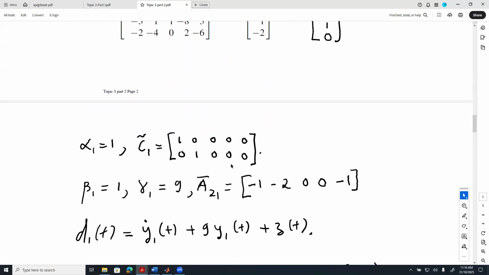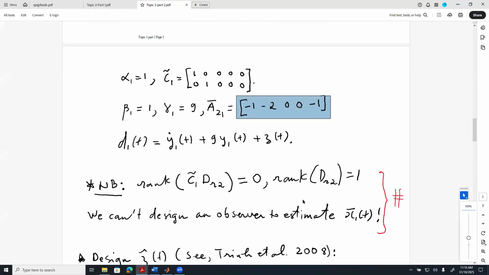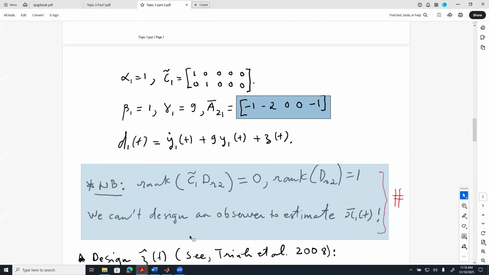And the matrix A bar 2,1 is the same as the one we obtained in the previous example. So let us also make the following remark.